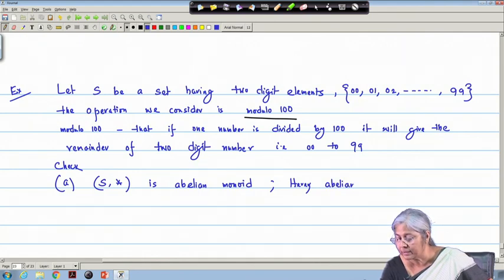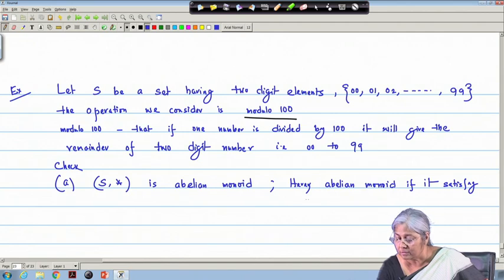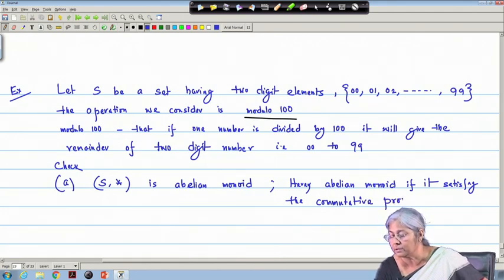Abelian means it is commutative. If it satisfies the commutative property, then it is an abelian or commutative monoid.